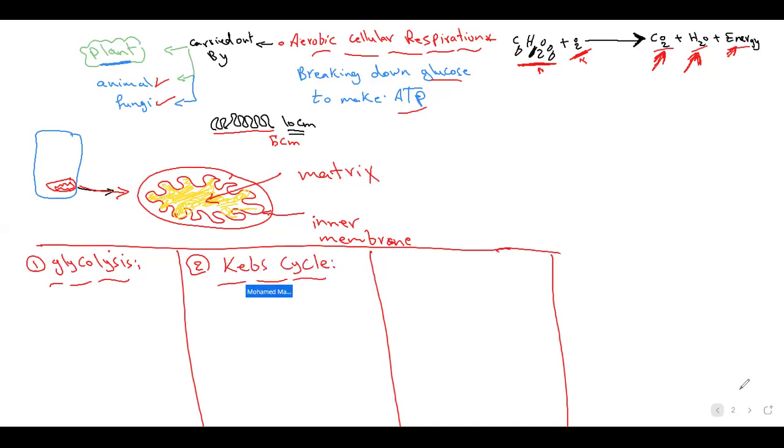And the last step here is named electron transport chain. Got it? Do we have to memorize? Yes, for sure. And we will repeat them many times, don't worry. Glycolysis, Krebs cycle, and the electron transport chain.